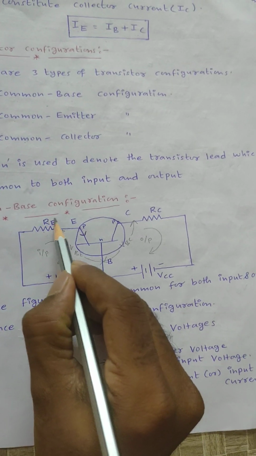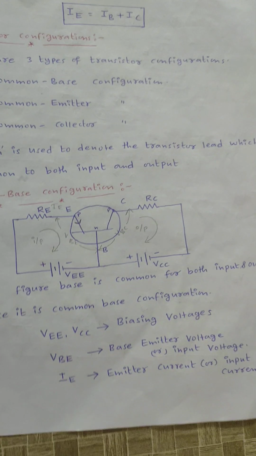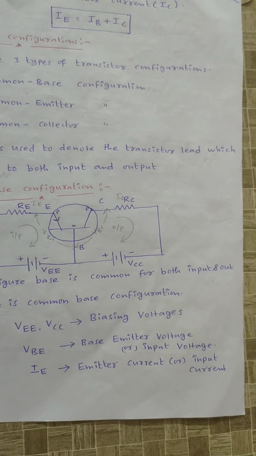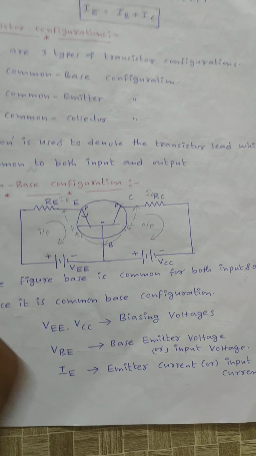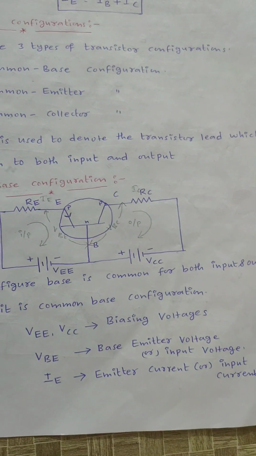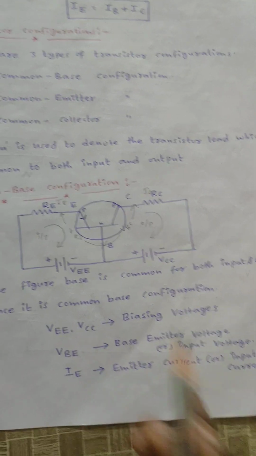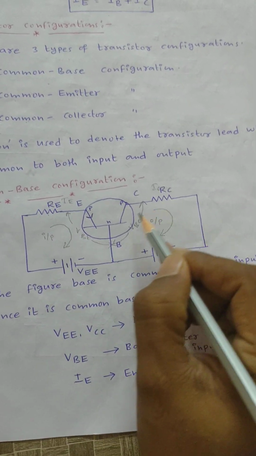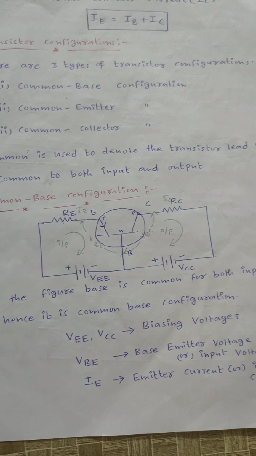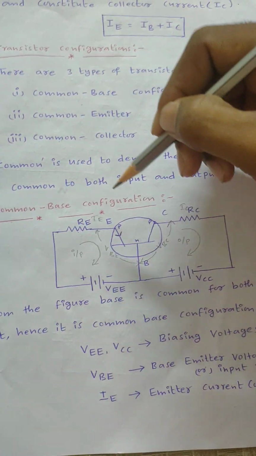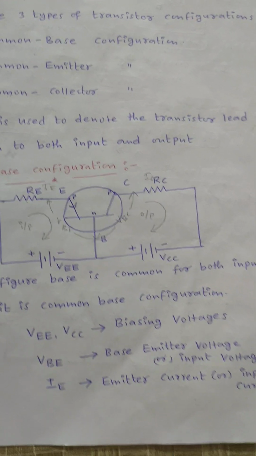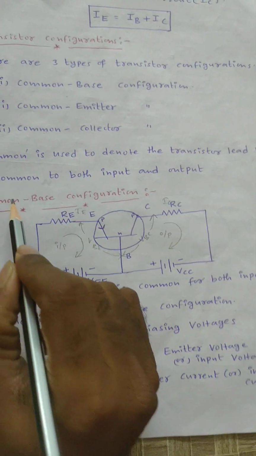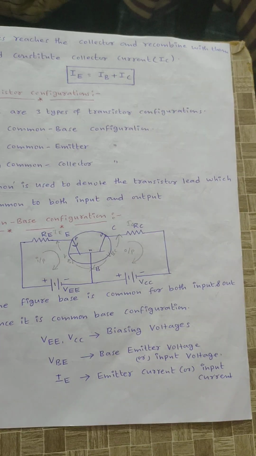Here IE is the input current or emitter current, IC is the output current or collector current. This total is the input side, this total is the output side. Base is common for both input and output, hence the name common base configuration.